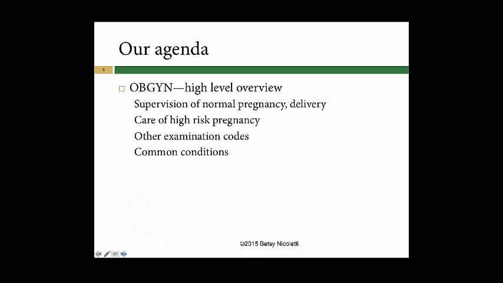This first section will be on OBGYN, and it's a high-level review. It's an overview of what you need to do. There are some key changes between ICD-9 and ICD-10 in terms of trimesters, and if we have multiple fetuses, how we indicate that. But a lot of what you're going to do in coding for OB for ICD-10 hasn't really changed that much.